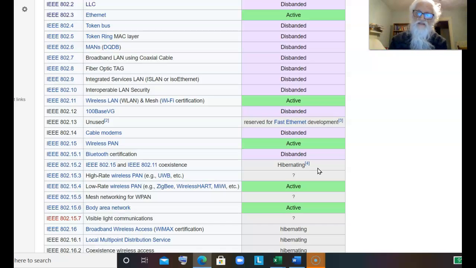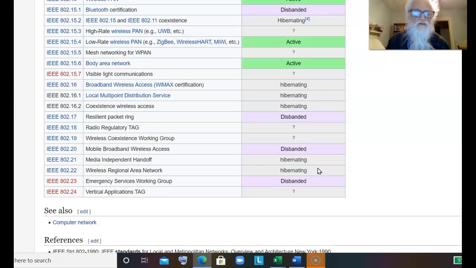Cable modems, Bluetooth certifications, the 16s, wireless access, wireless convenience. You can see a lot of wireless is going on now. And they're all the way up to 24.